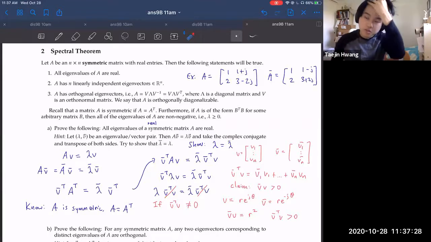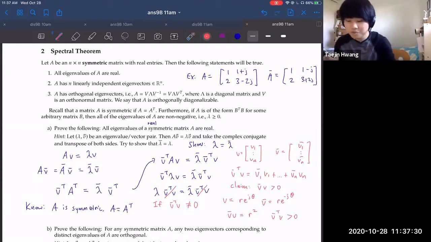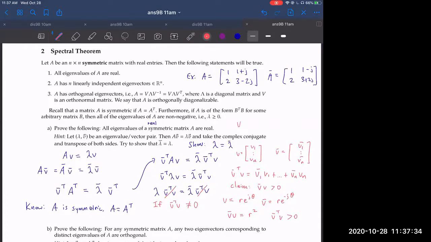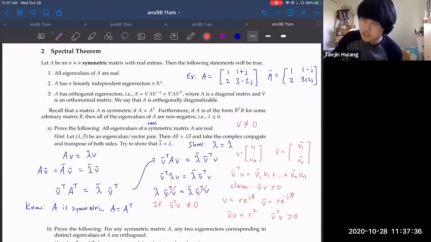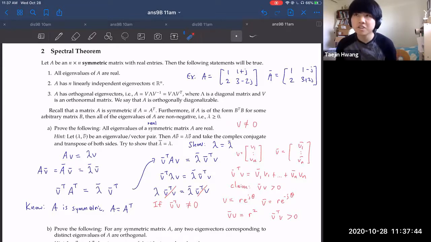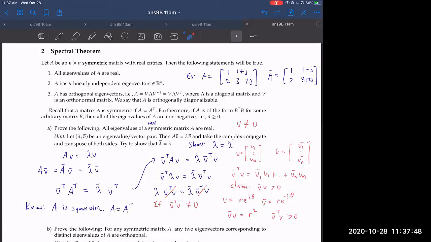Yeah, so some of them could be 0, and this is a really good point. Someone also brought up in the previous discussion. The vector v, though, cannot be the 0 vector itself. And the reason it can't be the 0 vector is because it's an eigenvector of the matrix A. And eigenvectors, by definition, are non-zero. Oh, okay. That makes sense.